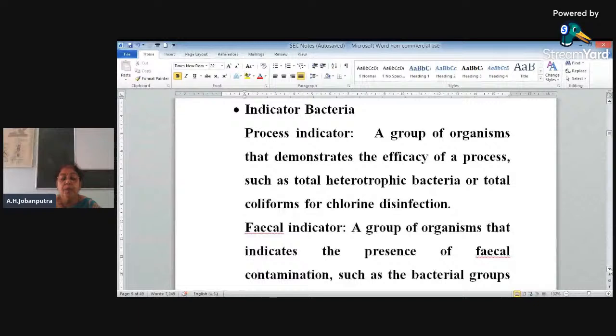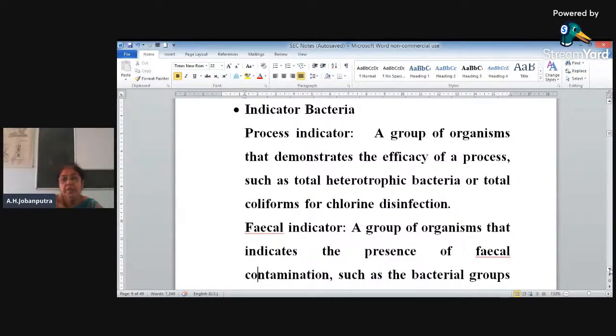These include process indicators, meaning when you treat the water, after treating the water, if these organisms are present, they will tell you that the water is not safe for consumption.